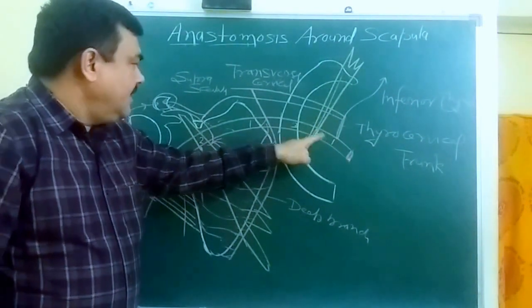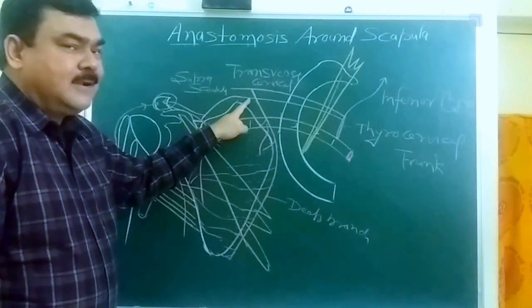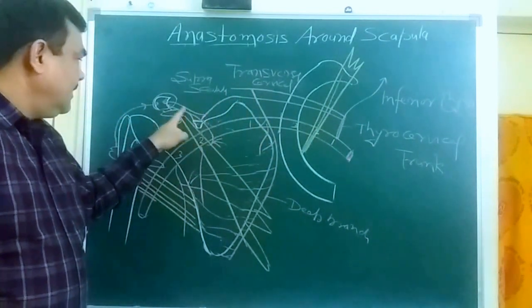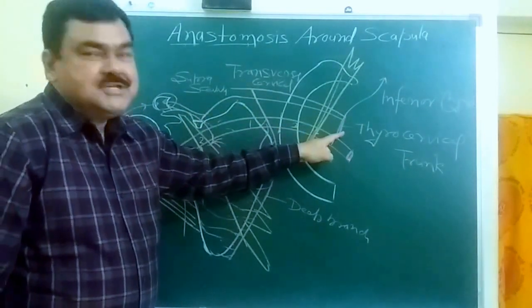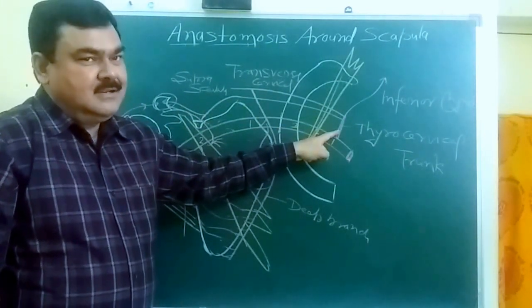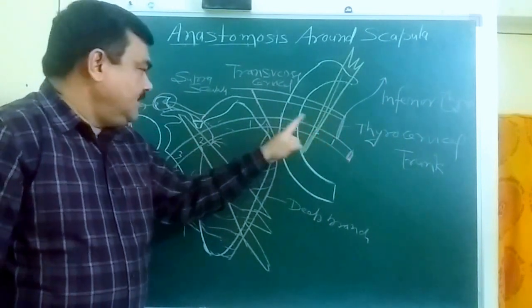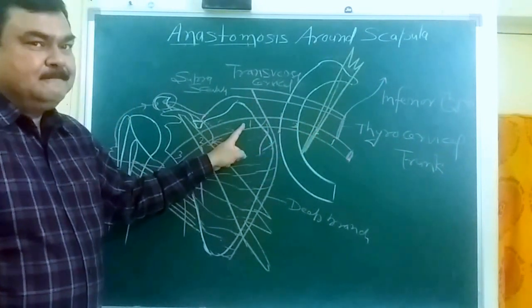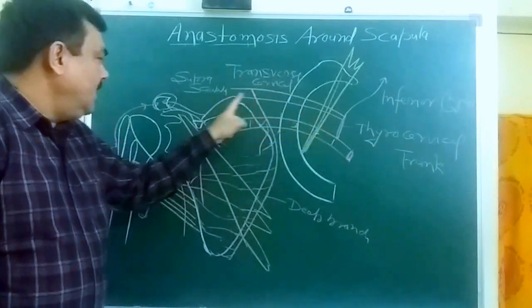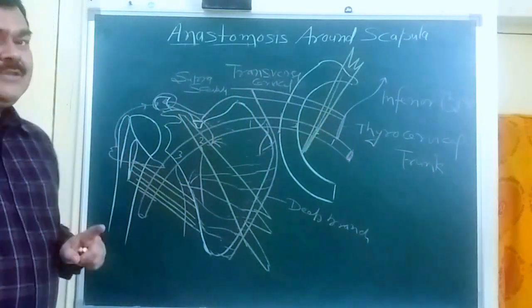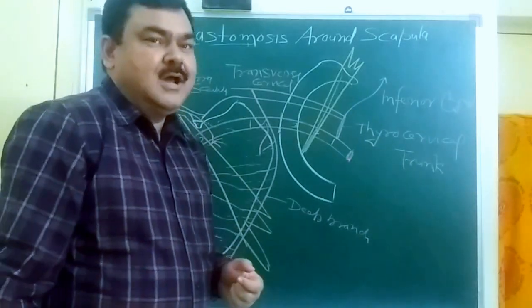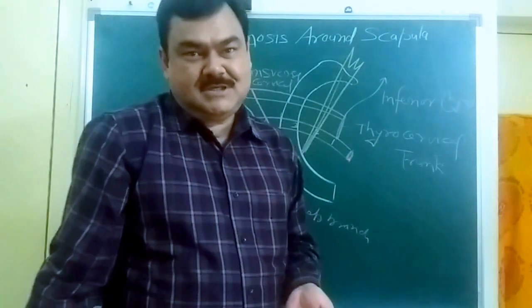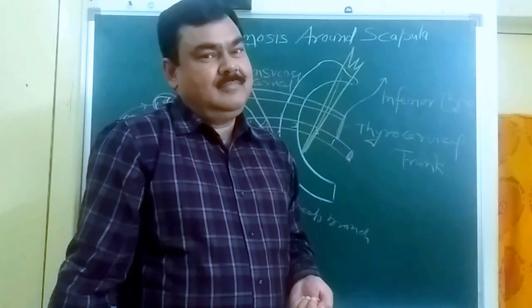And here the acromial branch of the suprascapular arises from the first part of the subclavian artery. So if there is an obstruction here, it provides an alternative channel. So this is the anastomosis around the body of the scapula and around the acromial process of the scapula. Thank you.